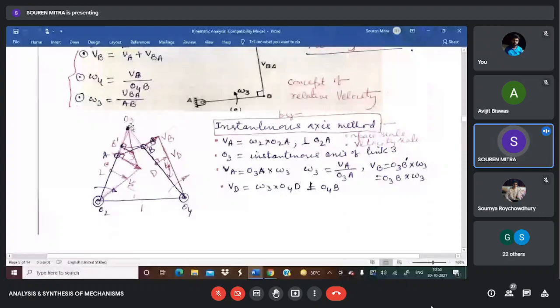And if yes, how? If you have understood the thing, you should be in a position to answer that. What should be the angular velocity of link 3? How to calculate it?